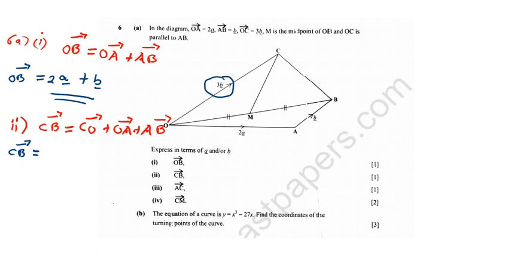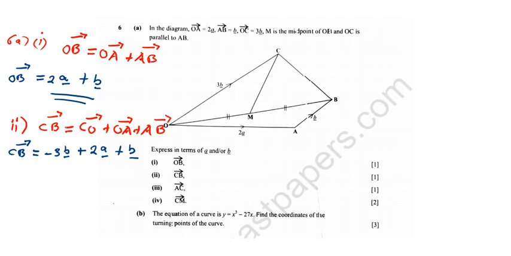But as you can see, we're starting from C, going to O, and I'm going against this arrow which has been given here. So if you are going against an arrow, it becomes a negative. So it will be negative 3b vector because we're going against this arrow, plus OA. At OA, I have this 2a vector, so plus 2a vector, again plus AB. At AB, I have a b vector, so it will be plus b vector.